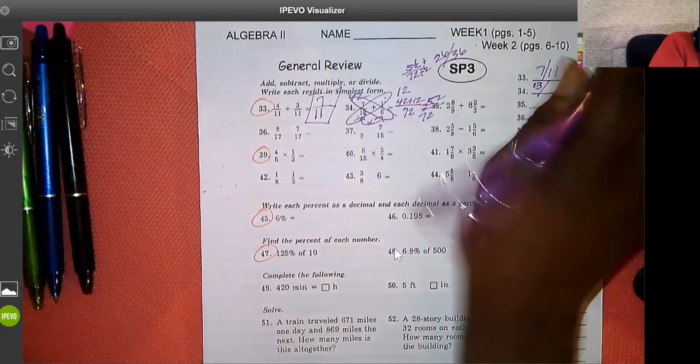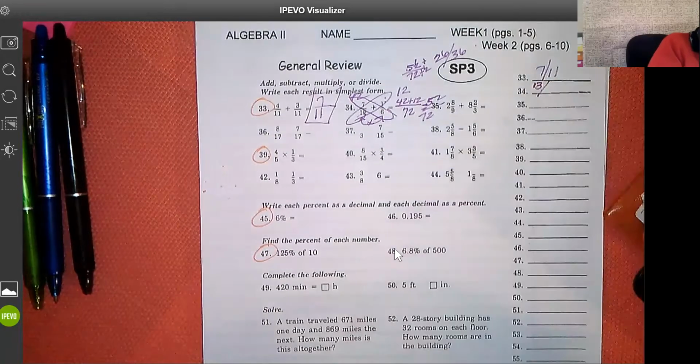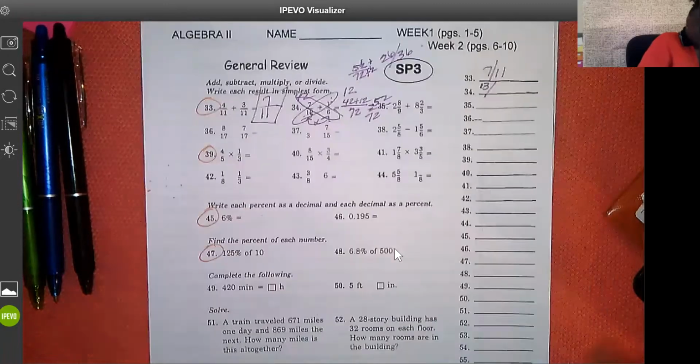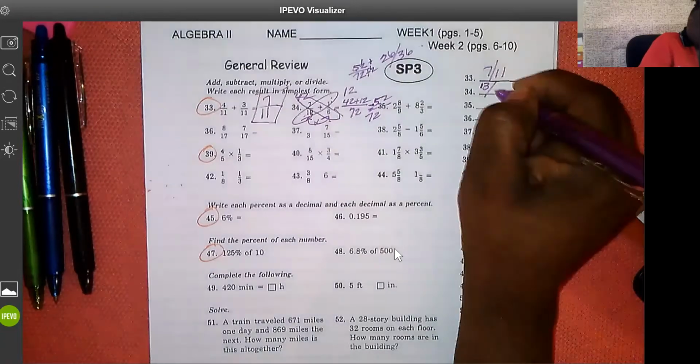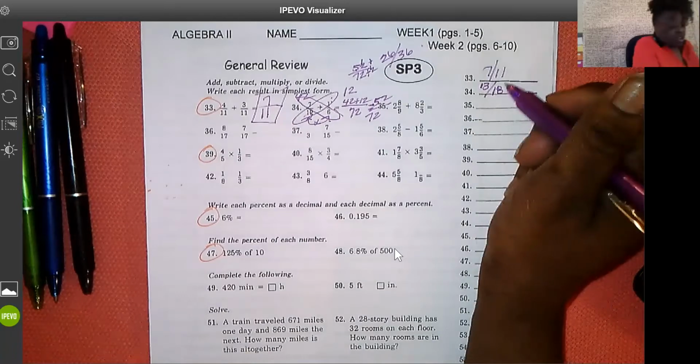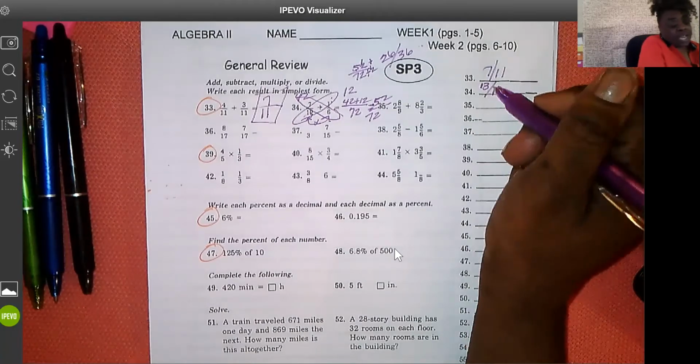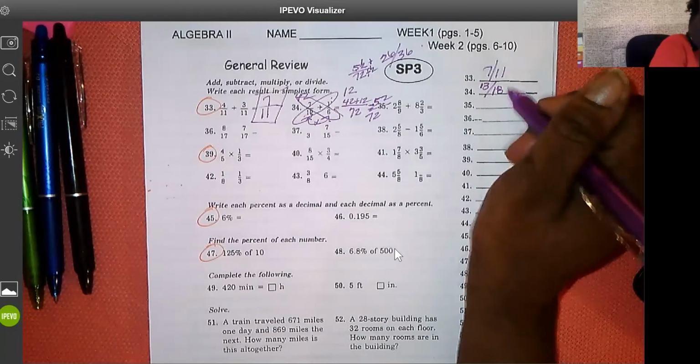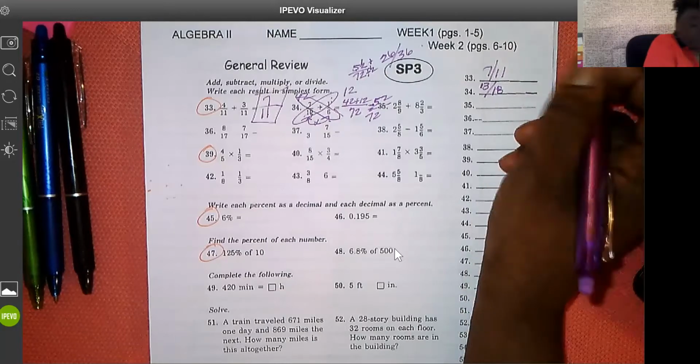And then 2 goes into 36, 18 times. Well, we know that we have simplified them because we have an odd number and an even number, so we know we are done.